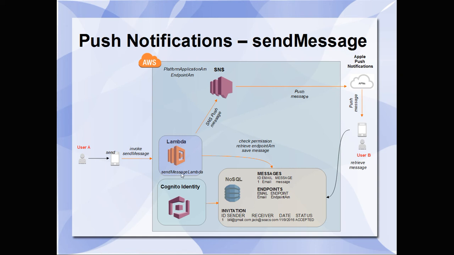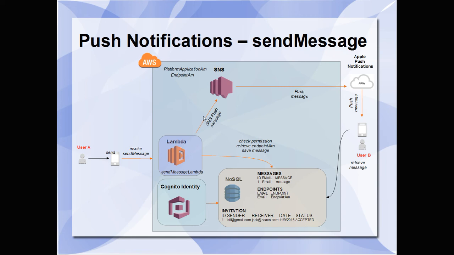The sendMessage Lambda goes and looks at the email ID, gets the endpoint, logs the message, checks to see whether these two users are friends. Are they connected? They are.